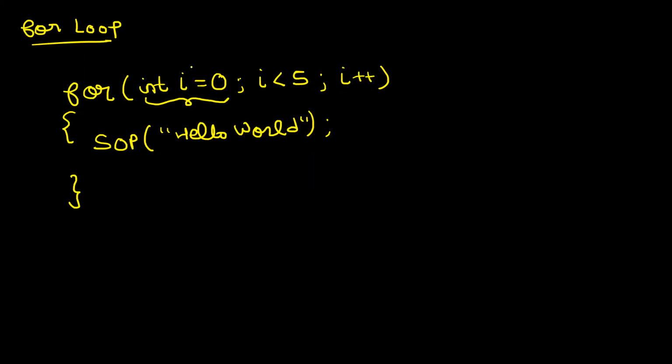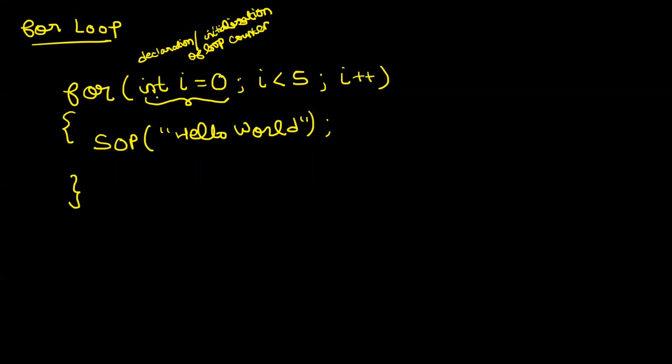So this part, for int i equal to 0, is known as declaration / initialization of the loop counter. Of the looping variable or loop counter, whatever you want to call it.